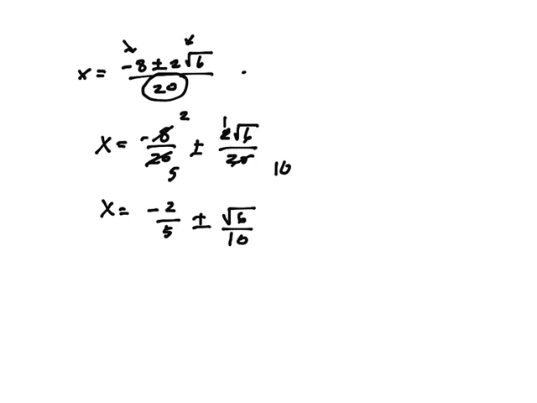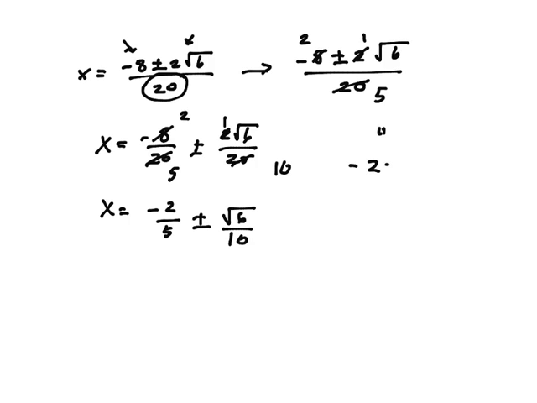And if you kept it like this and you decided to just simplify from here everything that's common, you can say they're all divisible by 2. So you have 1 here and a 2 here and a 5 here. So that gives you negative 2 plus or minus, divisible by 2, so that's 4.